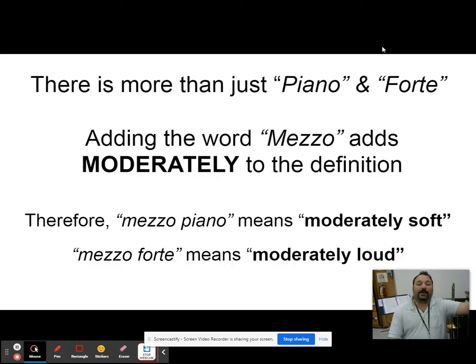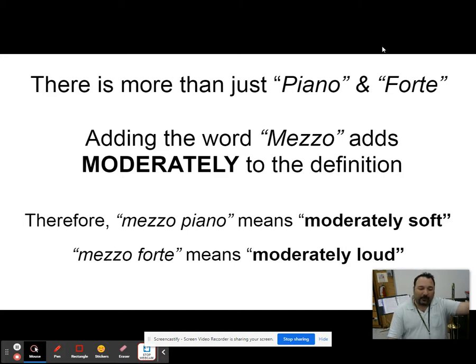There is more than just piano and forte, soft and loud. We can also make our dynamics medium soft and medium loud, or moderately soft and moderately loud, by adding the word mezzo, M-E-Z-Z-O. So if we take the word mezzo and put it in front of piano, we're now calling it moderately soft or medium soft or kind of soft.